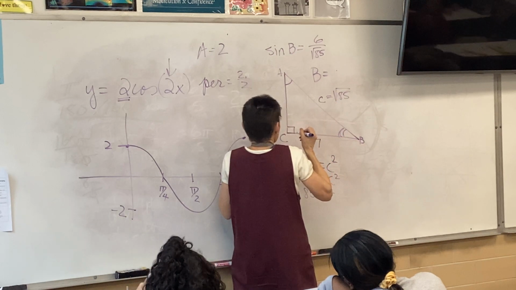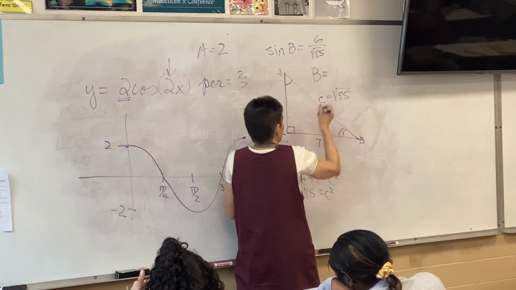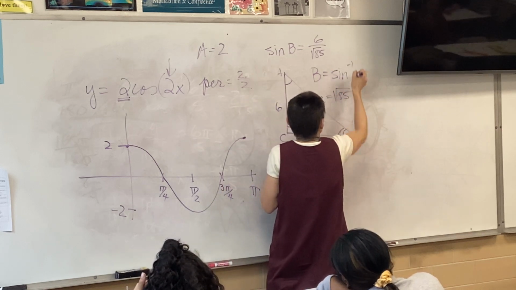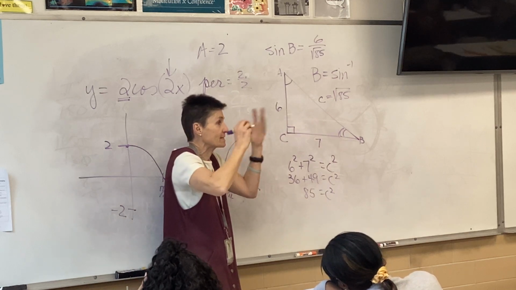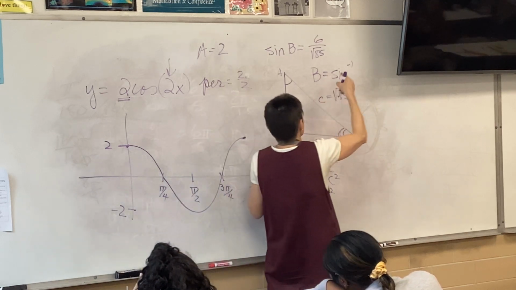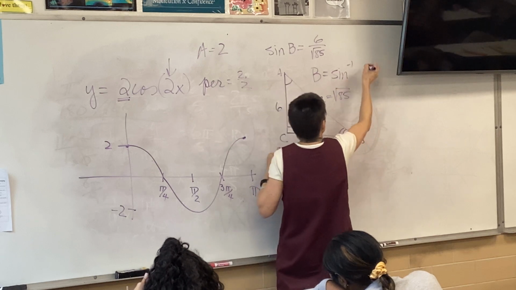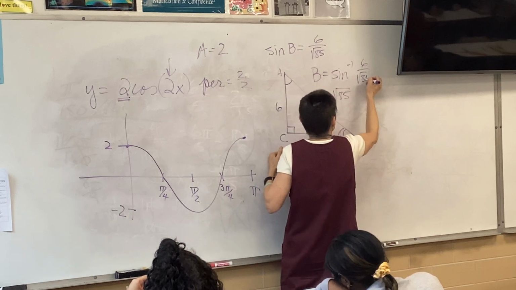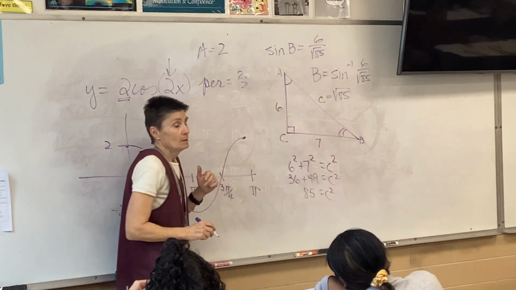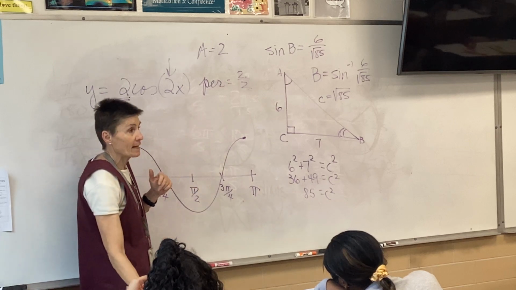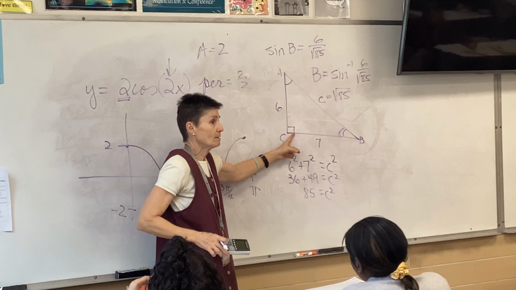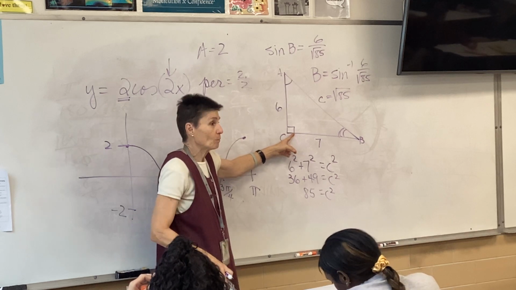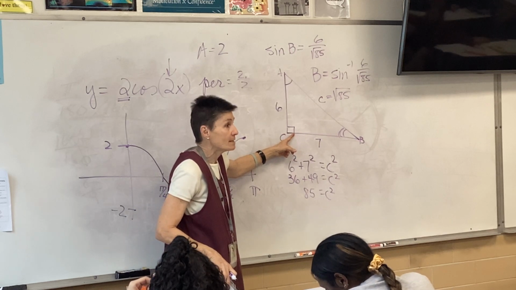How do I find angles on my calculator? Inverse sine, that's called inverse sine, or second sine. That's the button you use when you are trying to find an angle. Now, caution, see this angle right here? The unit on that was 90 degrees.